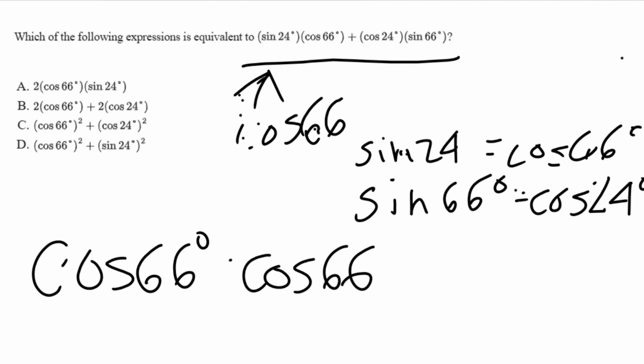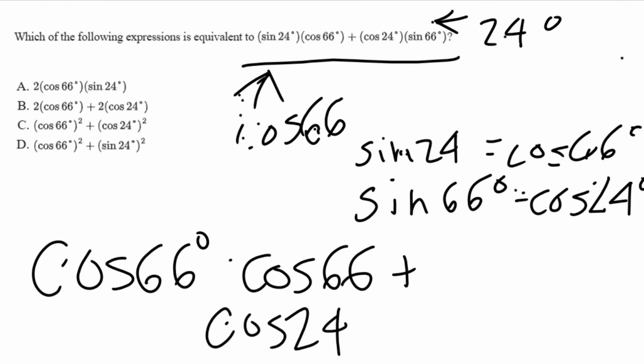And then if you substituted cosine of 24 degrees in here, you would have cosine 24 degrees times cosine of 24 degrees, which equals cosine of 66 squared plus cosine of 24 squared.